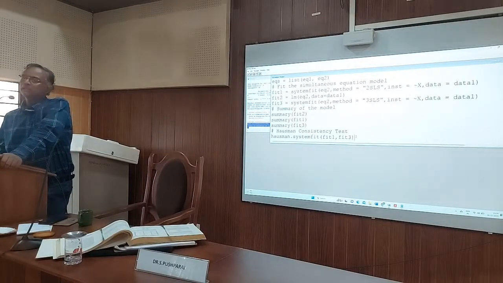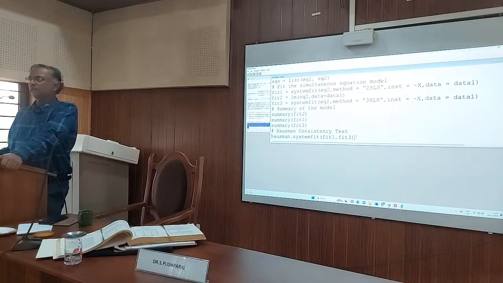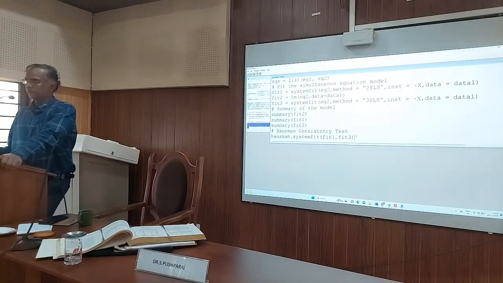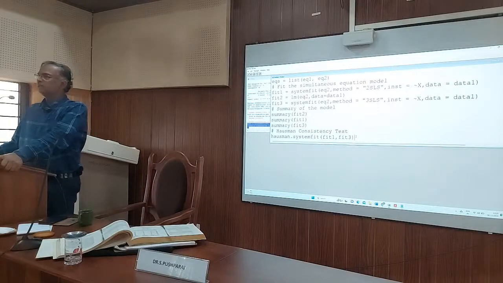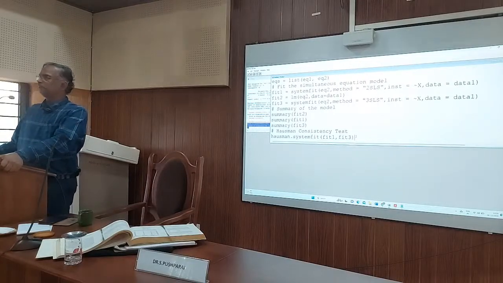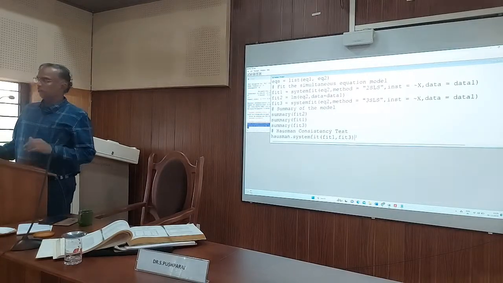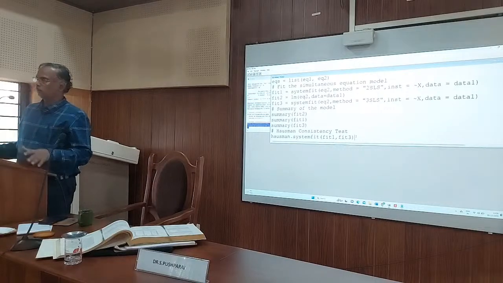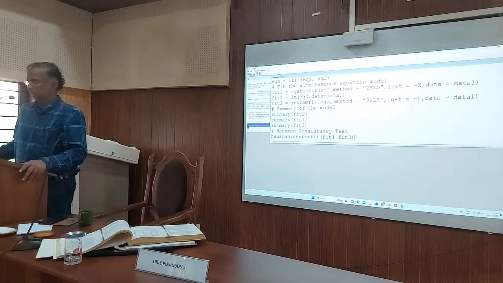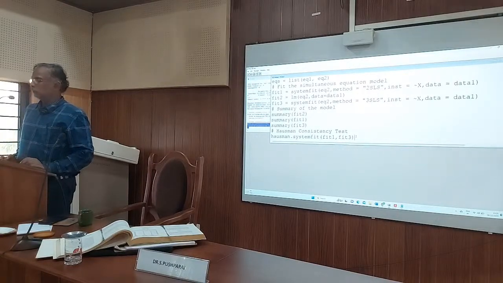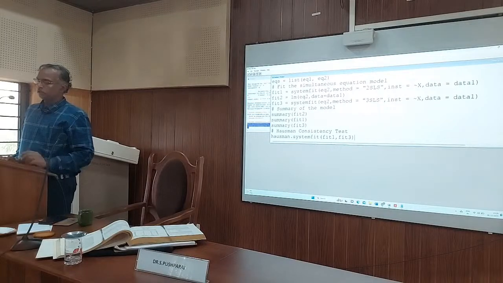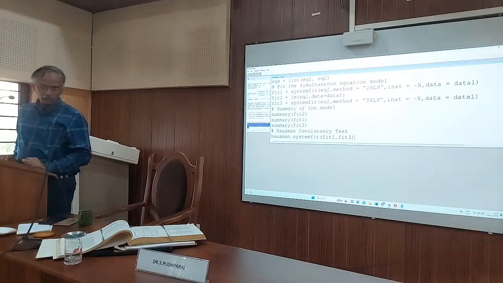In that case, 2SLS is not consistent with the 3SLS model. Usually, the better model is 3SLS always, so we'll take the 3SLS results. If it is the same, no problem. You can take 2SLS without any trouble. So this is what simultaneous equations are about, right?